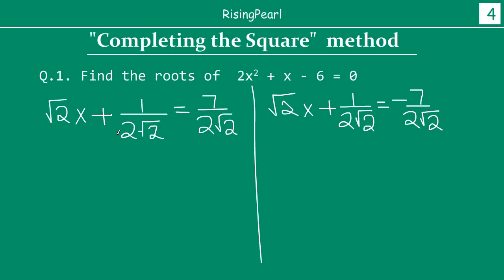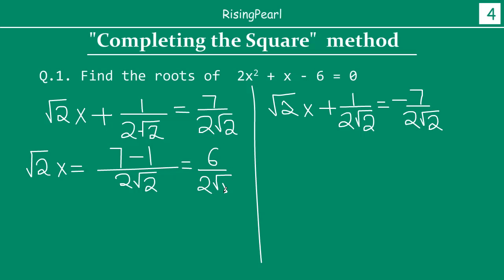So if we just simply solve it, we will get square root 2 x equal to, the denominator is the same, so 2 square root 2. So you have 7, and this 1 will become minus 1, so you will get 6 by 2 square root 2.